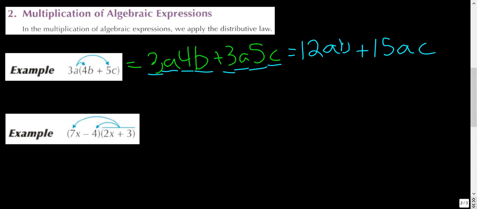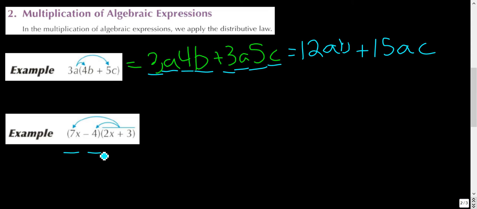Our second part here has 2 binomials, and so this is where we learn how to do our FOIL technique, where you do first, outside, inside, last. There's another way that you could potentially do this. You can actually just distribute each term in your first part to the entire second part.